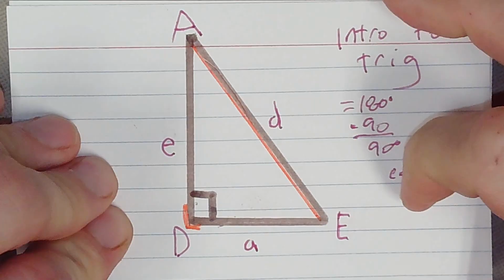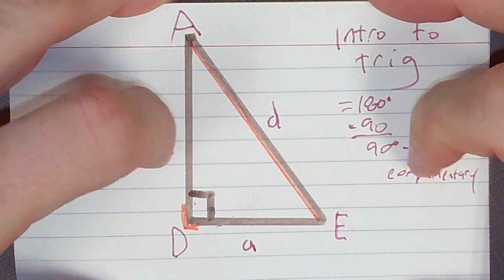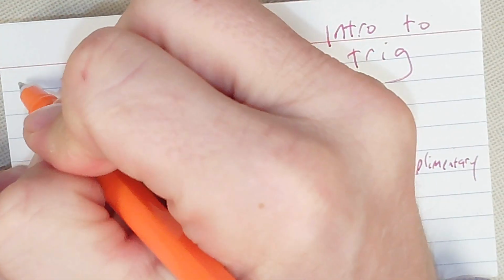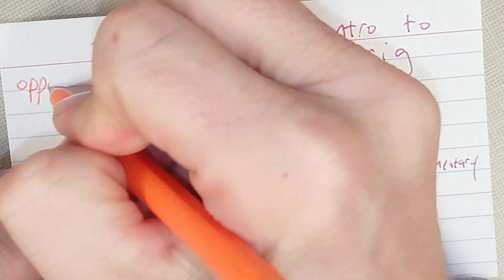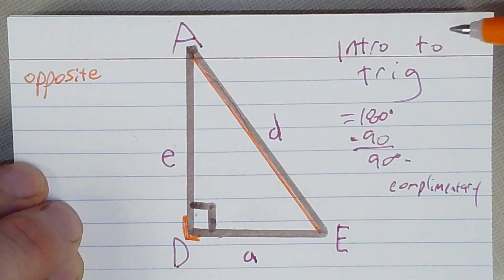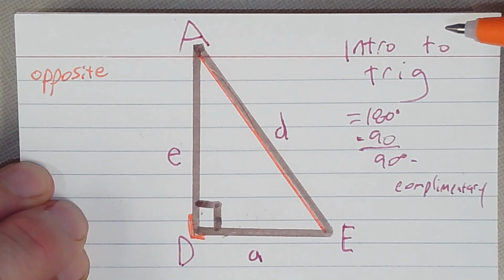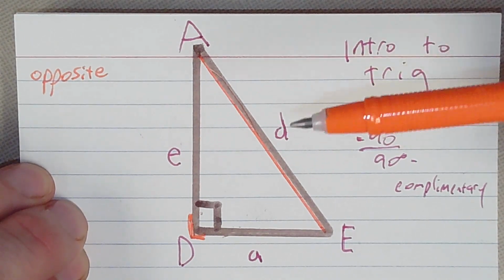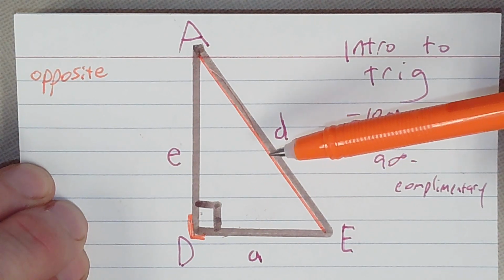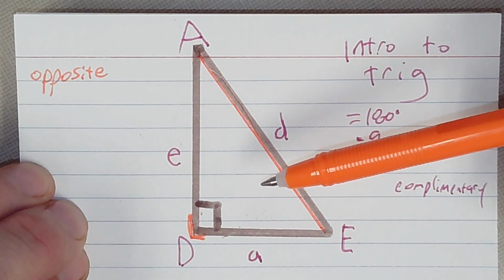Okay, so there are some key terms here you need to understand, and opposite is one of those terms. This seems pretty self-explanatory, but opposite means that it is on the other side of the triangle from the angle that we're talking about.